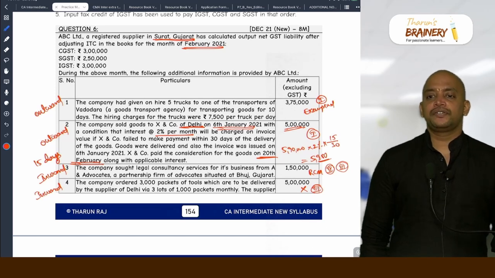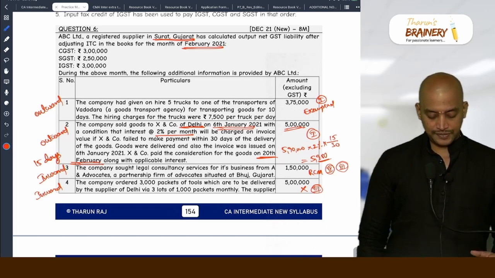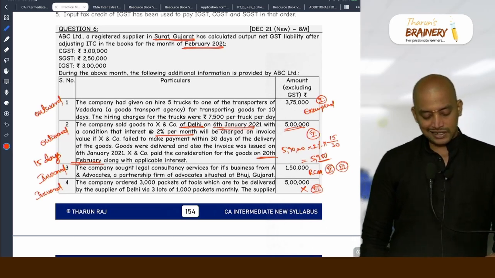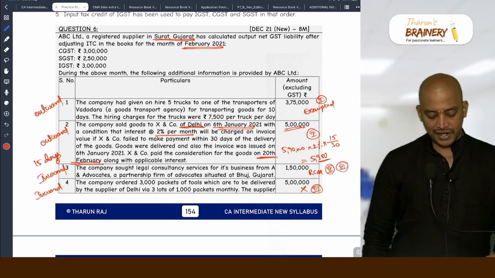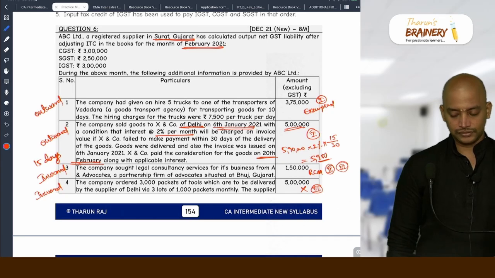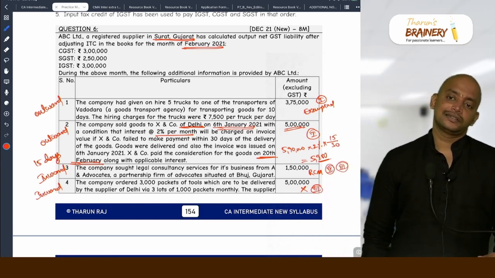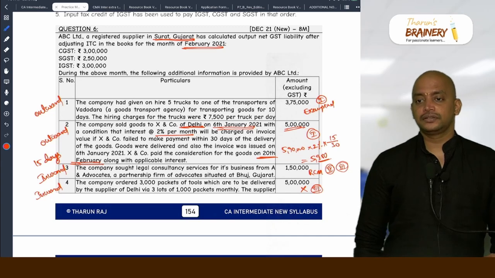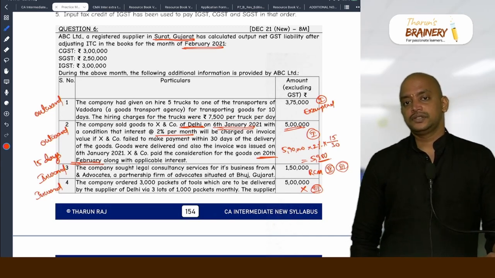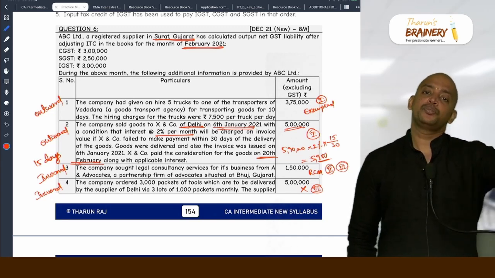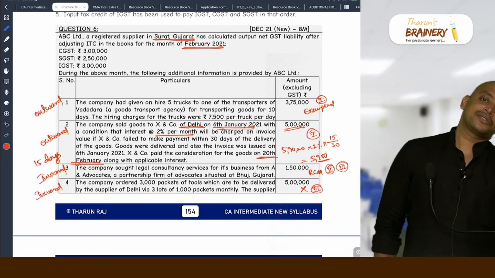Then next, interest on account of delay in receipt of consideration. Which column? IGST column, 900. Value 5000. 5900 we computed, but in that the value is 5000.